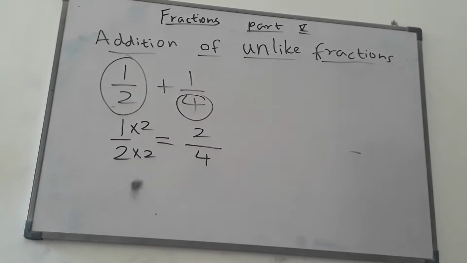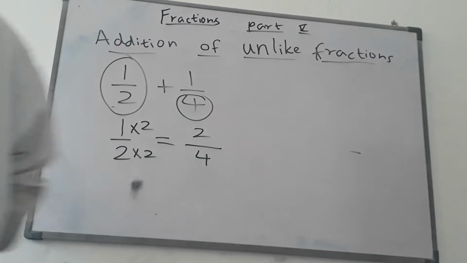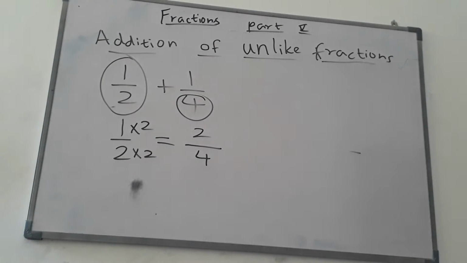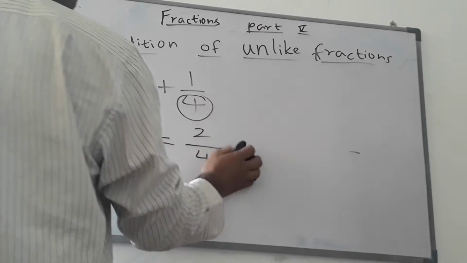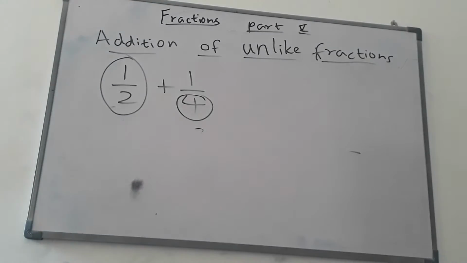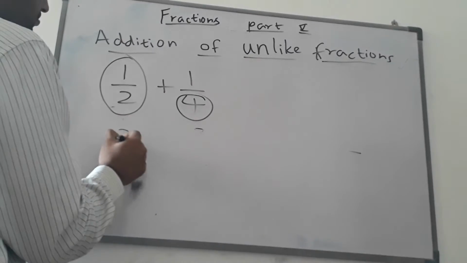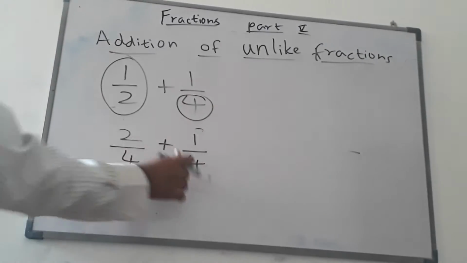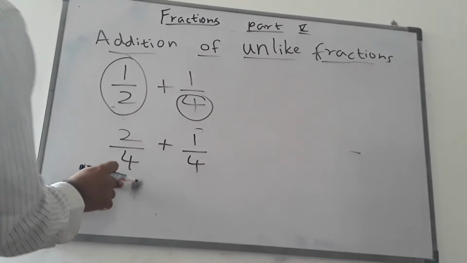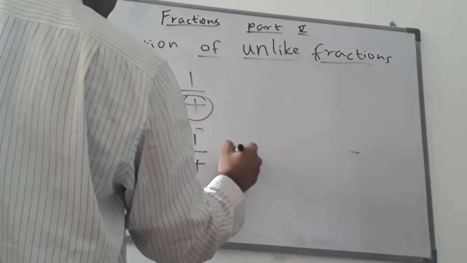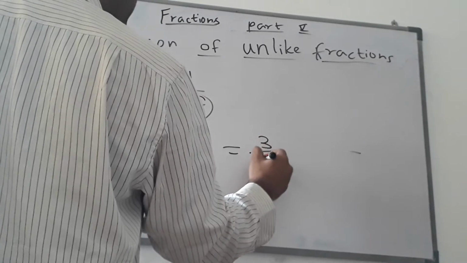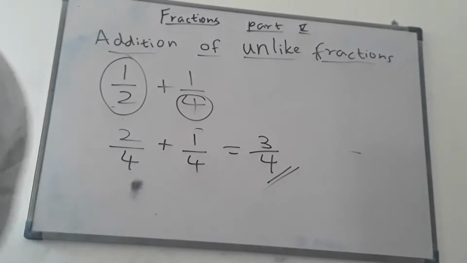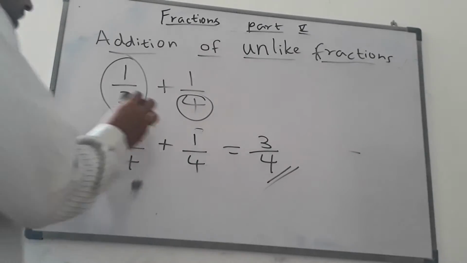Unlike fractions we can't add, but like fractions can be added. As we convert half into 2 out of 4, now we can add 2 and 1 together, 3 out of 4 is the answer. But there's a better method.